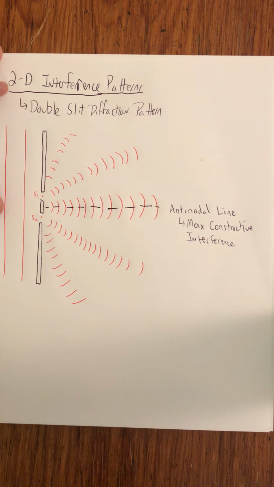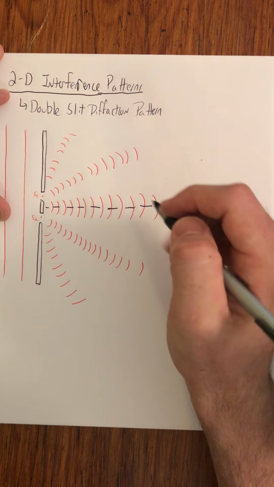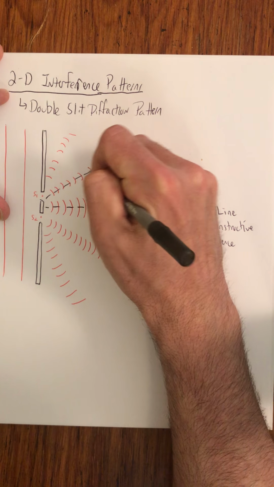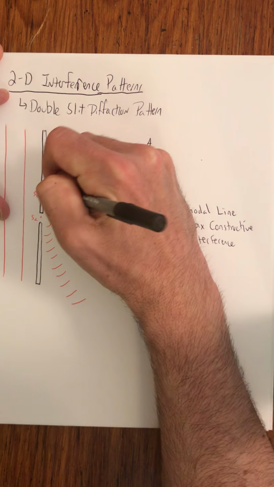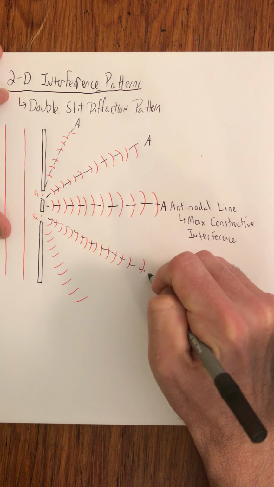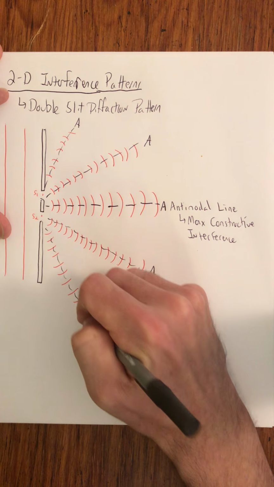Okay? So at those points, we're getting maximum constructive interference. And so I'm going to call that A. Here is also a line, an antinodal line, right? A. And here's another antinodal line, A, antinodal line, A, and antinodal line, A.